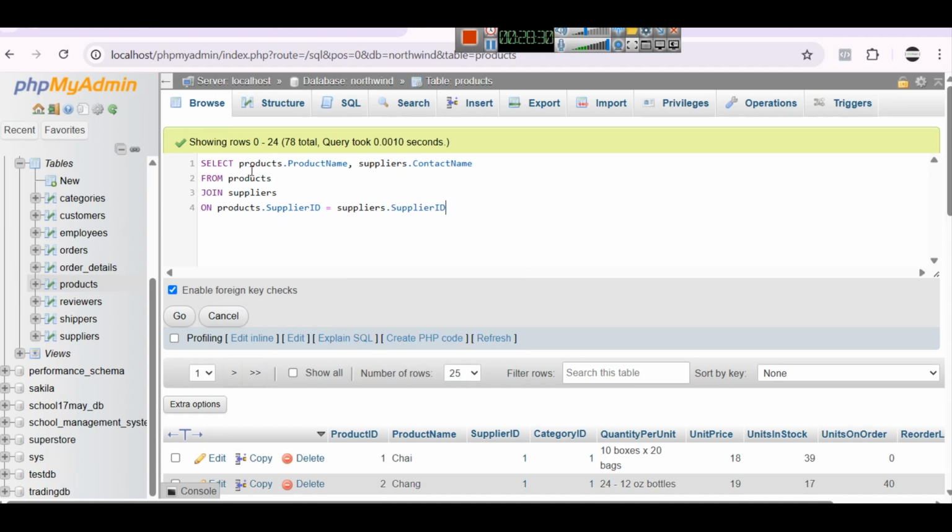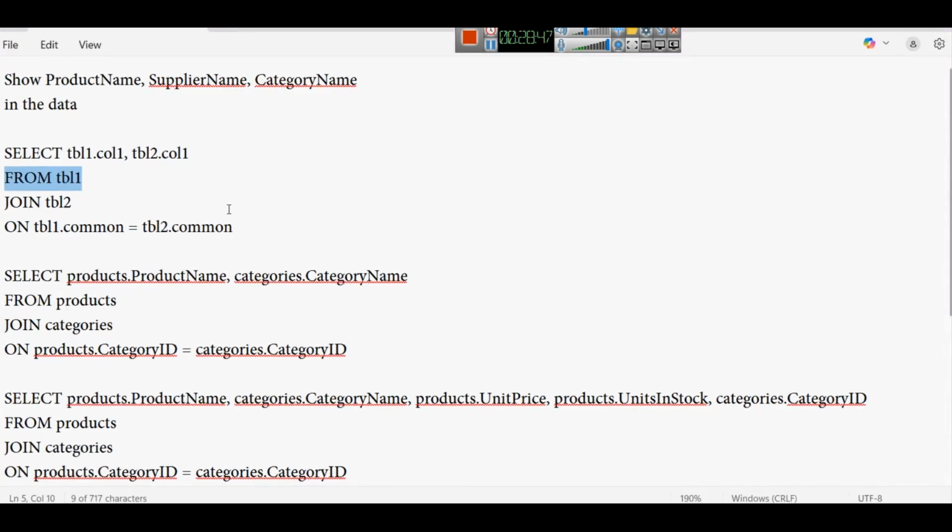It's always select table 1 dot column 1, table 2 dot column 2 from table 1 join table 2 on table 1 dot common, table 2 dot common. So today you have to remember this. In table 1 we can select any number of columns, so I'm just writing S here.